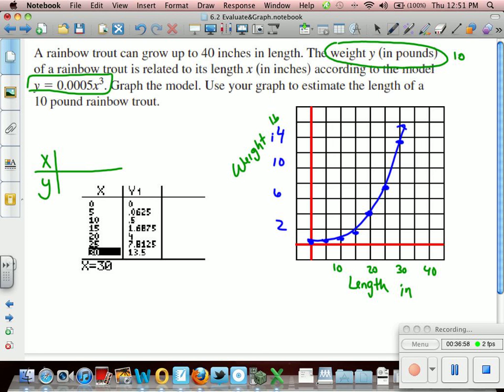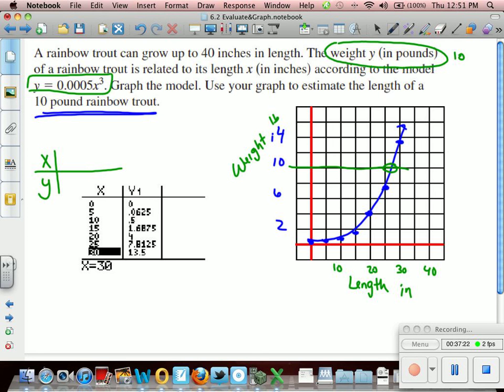All right. And then I'm wanting to look to see what is the value. There's my graph. What would be an estimated value if the fish was 10 pounds? So 10 pounds is right here. What is the estimated value that it is? So this is 25, right?